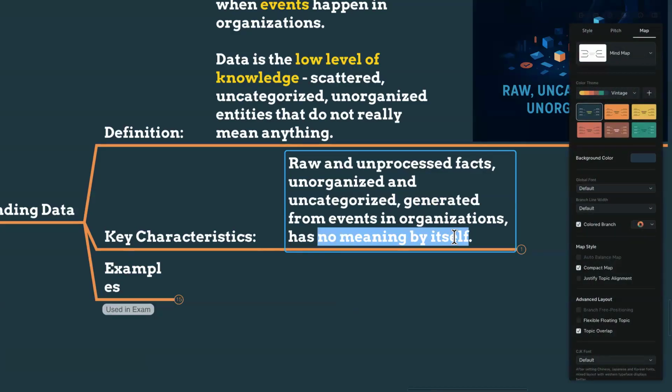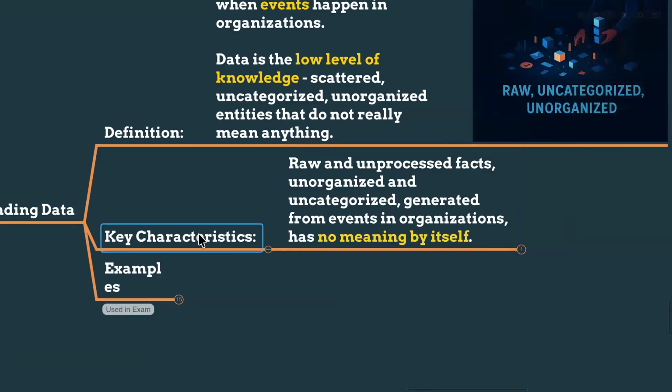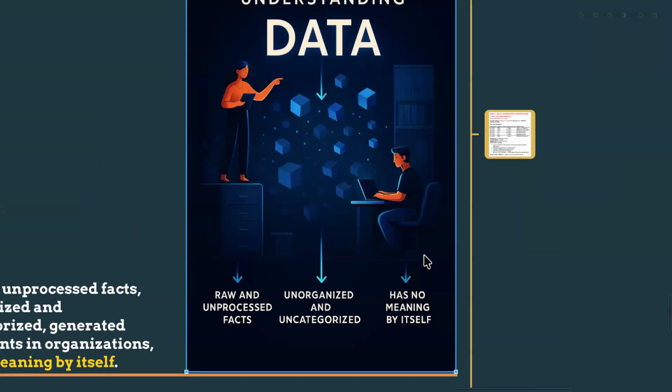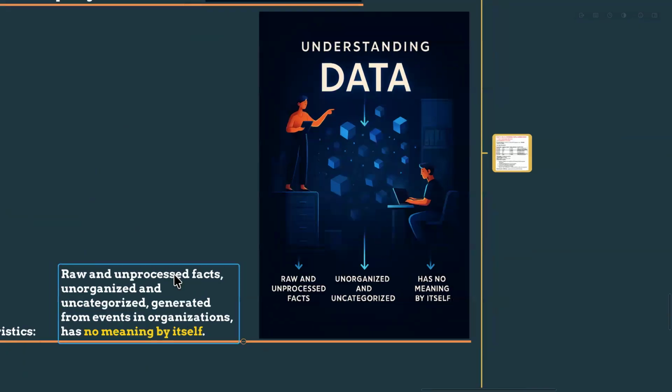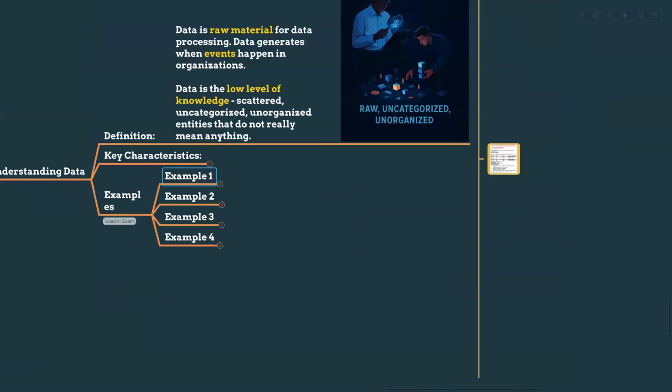In the data, we are not going to get any meaningful information that is useful for our decision making. So you have to understand that the characteristics of data are that it is very raw, unprocessed facts, as well as unorganized and has no meaning by itself. So we cannot take any decisions, right? So those are the key characteristics.